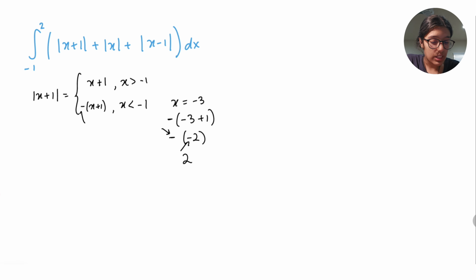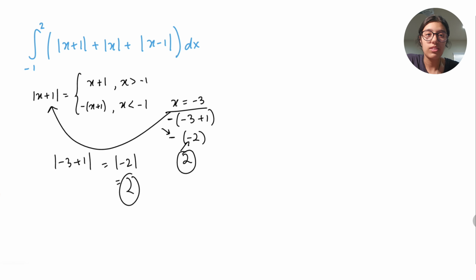That is why we included a negative when x is less than -1. If we also put x equals -3 back in the original expression, we get the absolute value of -3 plus 1, the absolute value of -2, which is just 2. So this 2 and this 2 do match. That's how we know these expressions are correct for their respective domains.